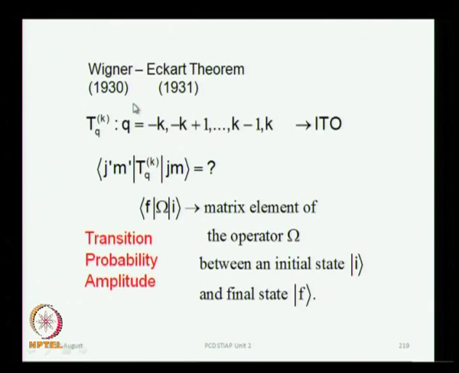This was introduced by Wigner and Eckart independently around the same time, 1930 and 31, and what it does is it deals with the matrix element of an irreducible tensor operator. Now this is obviously important because physical interactions are represented by operators in quantum mechanics.